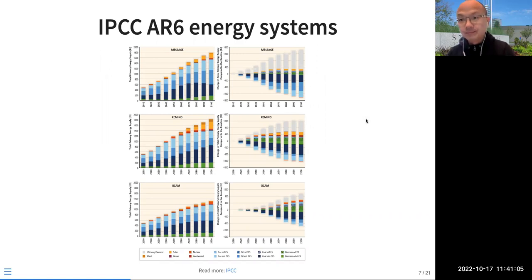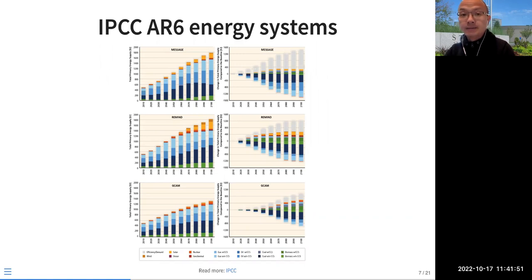So that's the scale and the trajectory that all the models deliver. The scale of each technology might be slightly different, but the message here is really to make use of the role of energy efficiency and double down the efforts to expand renewable energy and other lower carbon technologies. At the same time, phase out fossil fuel energies.